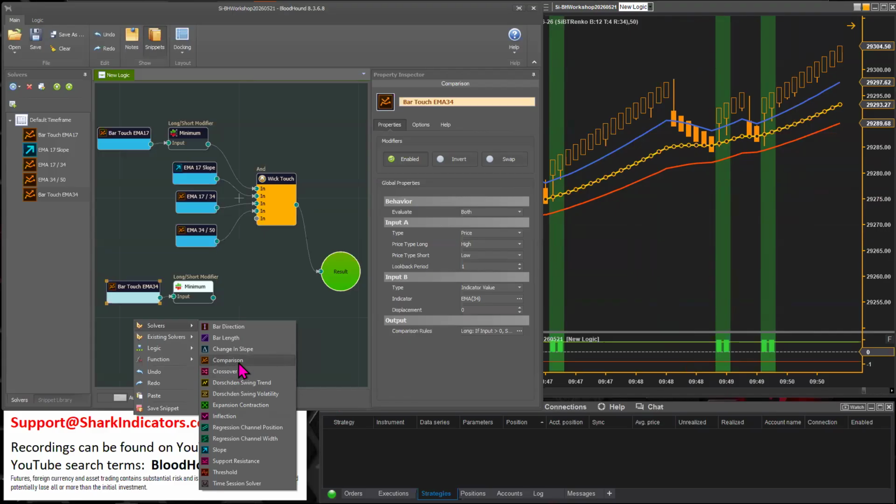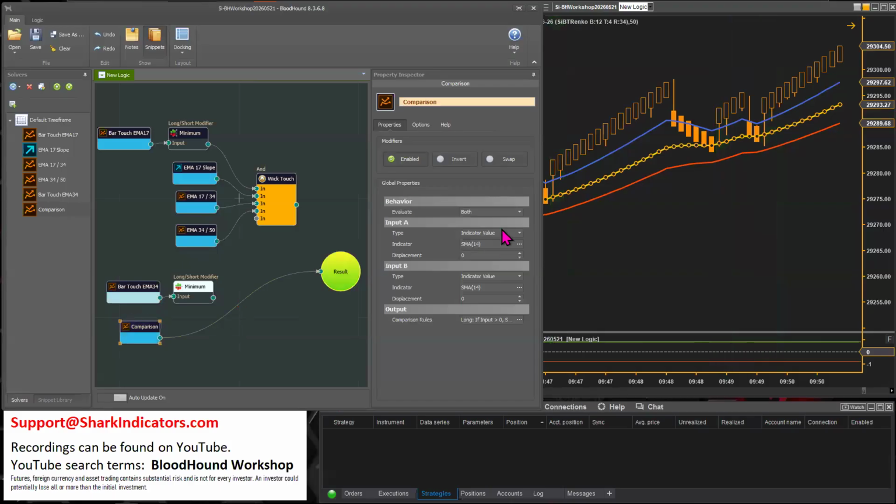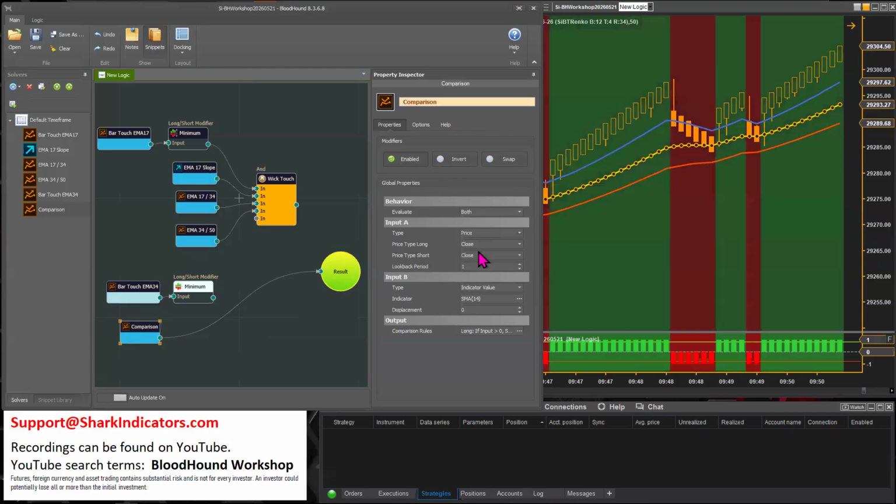So yeah, I'll just stick with the comparison solver. I'm just going to identify what side of the EMA 34 the close is on. So let's give this a name first.